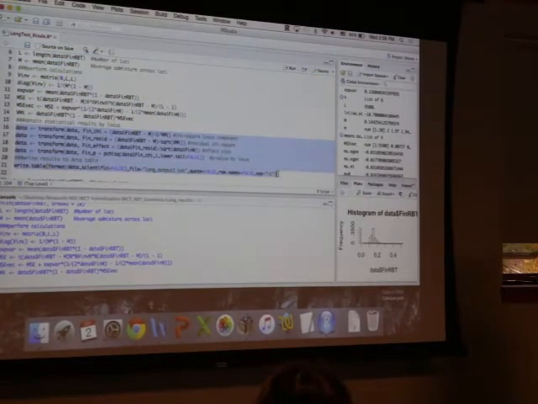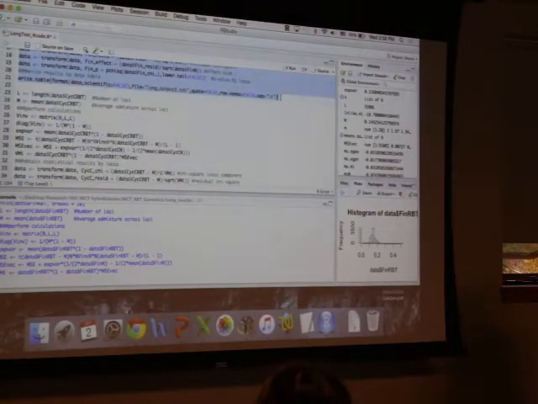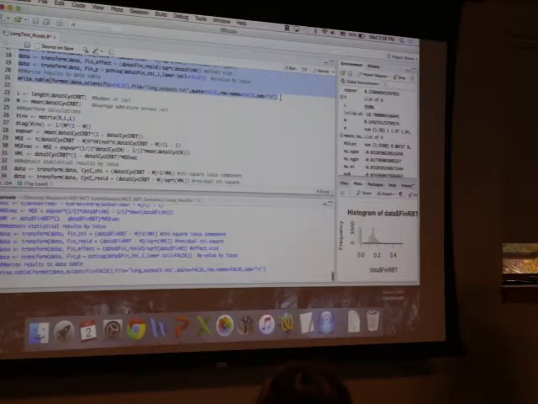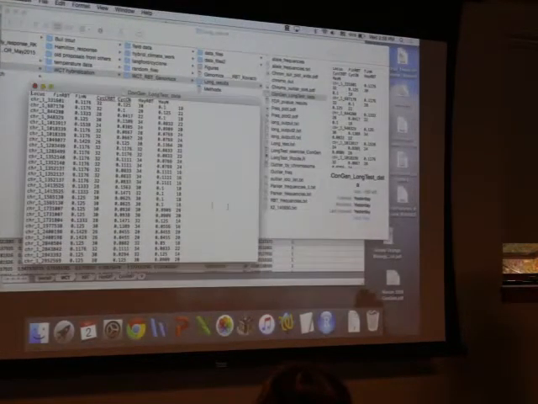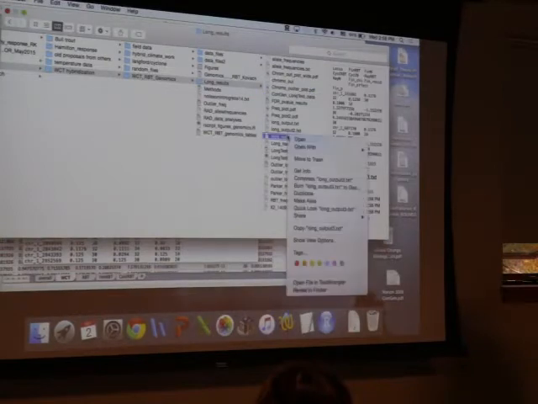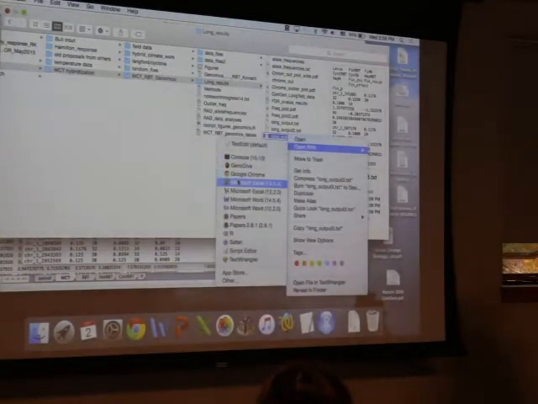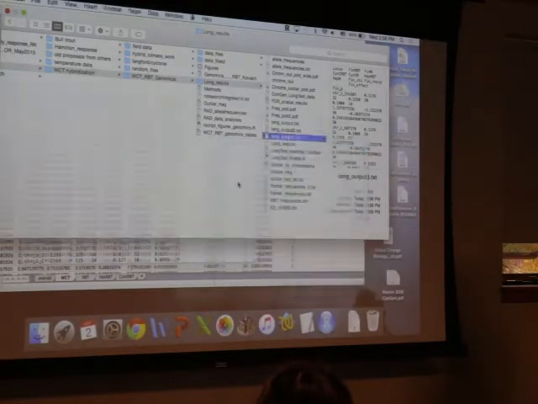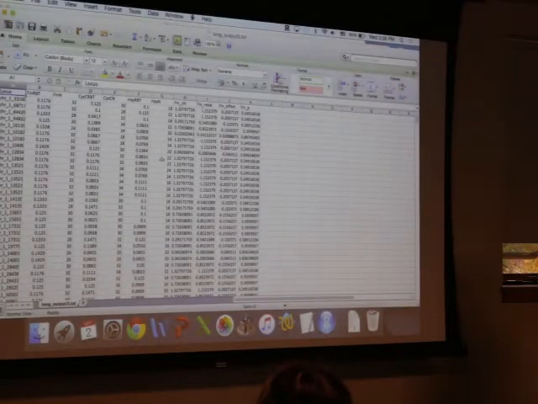So if we run through that, I'm going to rename this real quick because I already have this file. You can run that little piece of code. Open this up. What I did was write those summary statistics to the allele frequency table. I just ran it for that first population.